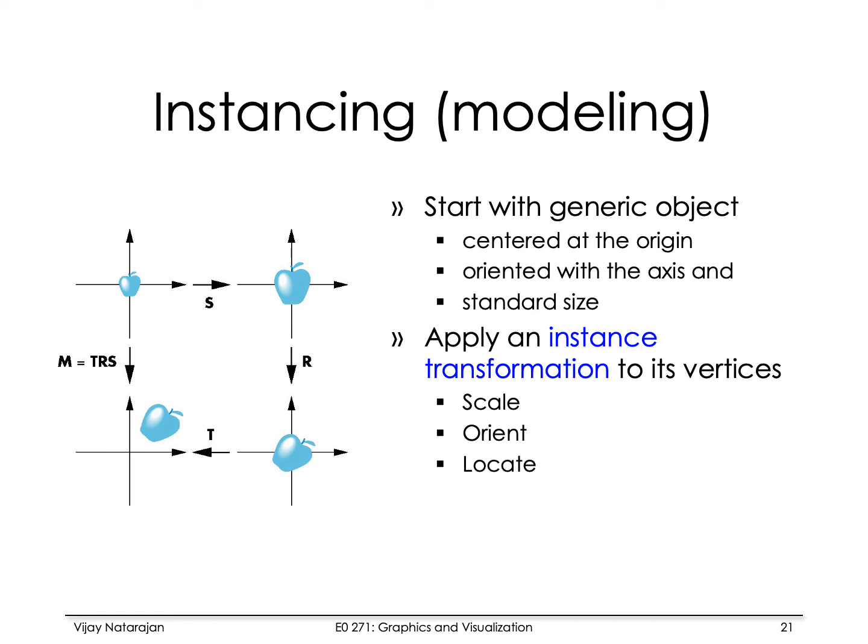This instance transformation is a scale first, followed by rotation. Notice that this rotation is simple because it's about the origin. And then I apply a translation, which is a location. So scale, orient, locate will help me place this apple in the scene. The matrix that I have here is M, which is TRS: scale first, then rotate, then translate.